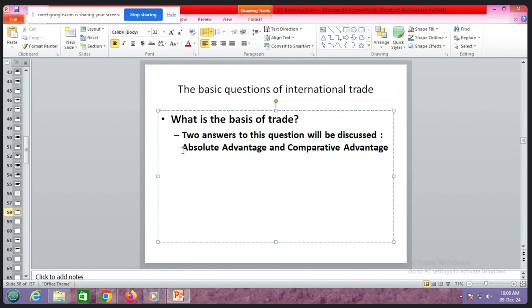There have been 2 broad answers given in the theory of international trade: one in terms of absolute advantage, and the other in terms of comparative advantage. These have been the 2 important explanations given in the classical trade theories. The question they are answering is, what is the basis of trade? Why does trade take place?